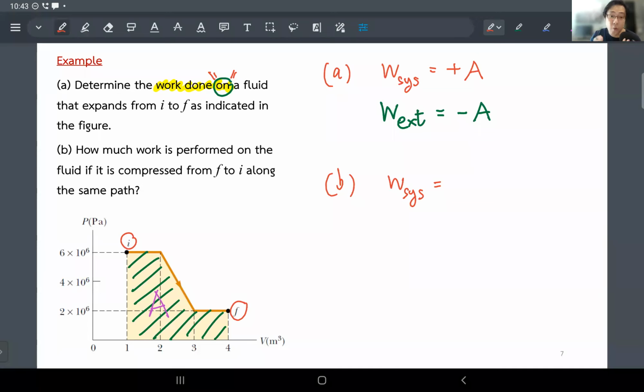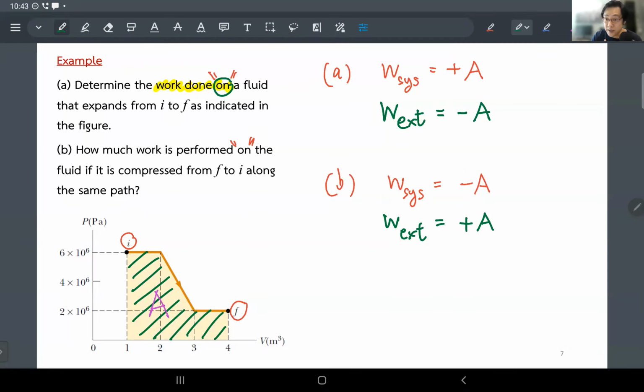The magnitude of the work done must still be A, but now it's going to be negative A. And then they still ask about the work performed, I mean, some force acting on the gas. So that means you have to pay attention to the perspective of the external force. And that's going to be opposite to the work done by the system. It's going to be positive A. I don't know if this one gives you more confusion or not, but that's what it is.